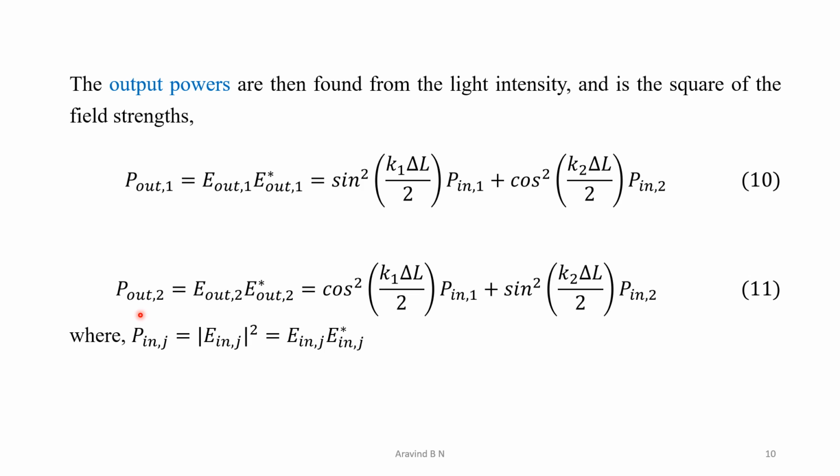Similarly, the second output power, P out 2, is equal to E out 2 into E star out 2. That is equal to cos square k1 delta L divided by 2 into P in 1 plus sin square k2 delta L divided by 2 into P in 2, where P in j is equal to the modulus of E in j squared, which is expanded as E in j into E star in j.